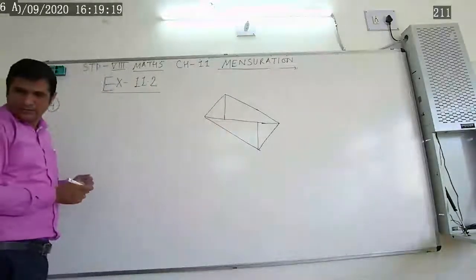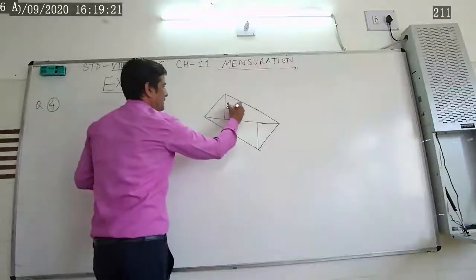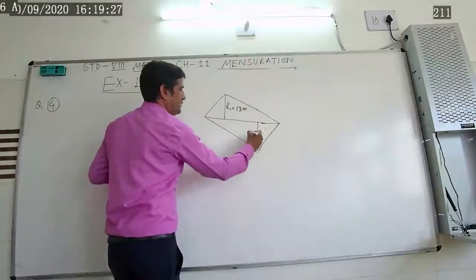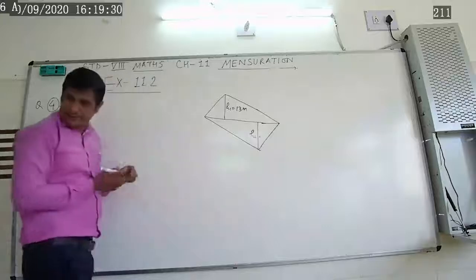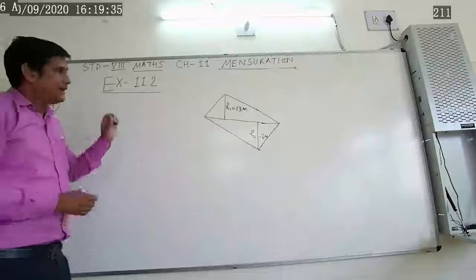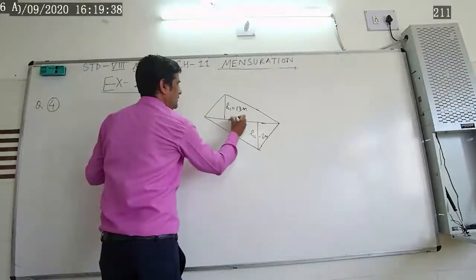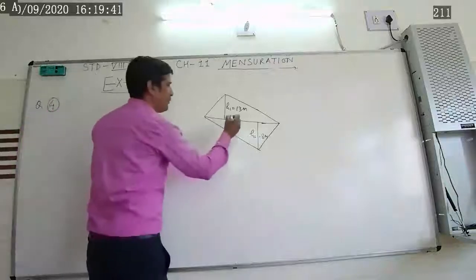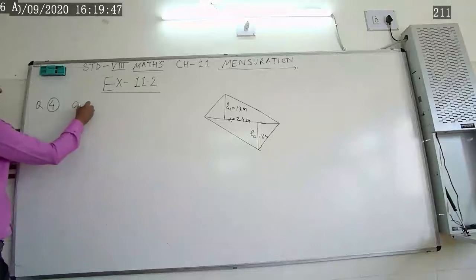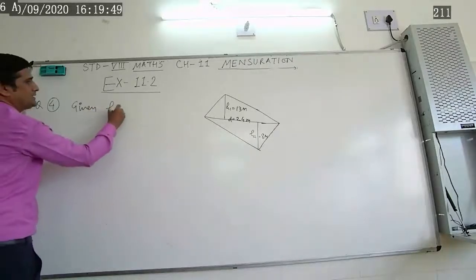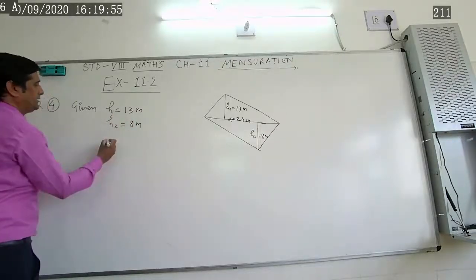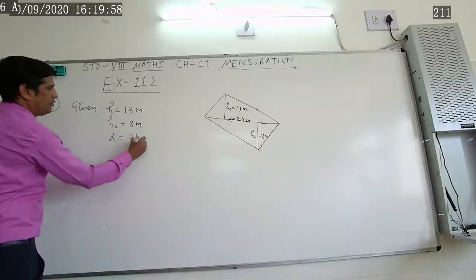You can see h1 is 13 meter, h2 is 8 meter, and d is equal to 24 meter. So you can write it. Given h1 is equal to 13 meter, h2 is equal to 8 meter, d is equal to 24 meter.